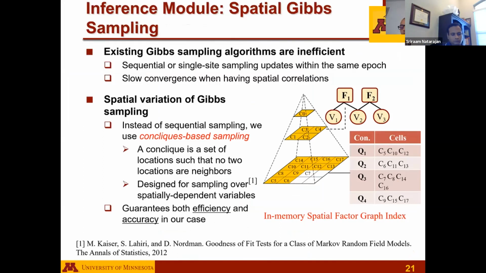So instead, we have a spatial variation of the Gibbs sampling algorithm that's based on conflict-based sampling. To do this, we create an in-memory spatial factor graph index, then we partition the cells into non-neighbor cells and combine them into a set of conflicts. After that, we do parallel Gibbs sampling in each one of these conflicts. The details of this algorithm are also in the paper.